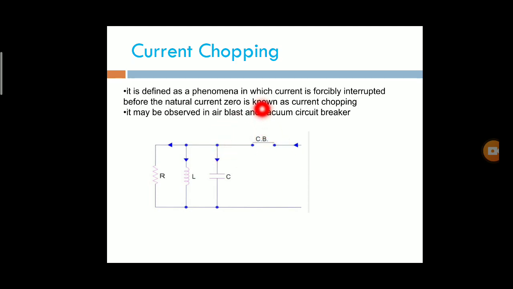In the case of air blast circuit breakers, the fault clearing capacity is fixed, independent of the fault current levels.